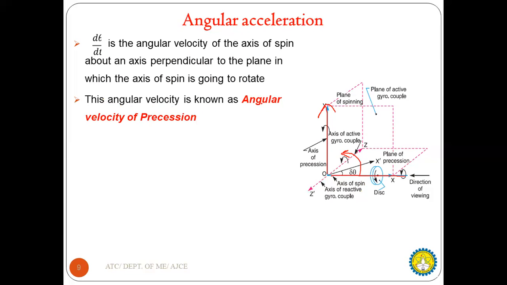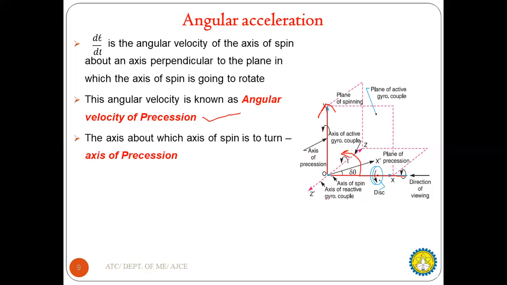This angular velocity is known as the angular velocity of precession. This entire disk axis is changing with respect to another axis. The angular velocity made by this disk about this axis OY is called the angular velocity of precession, and the axis about which the axis of spin is to turn is called the axis of precession. So which one is the axis of precession?